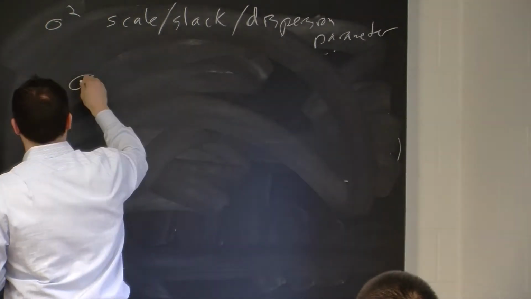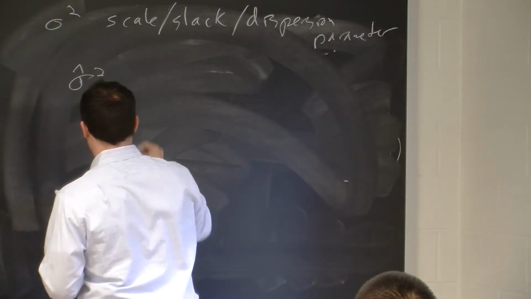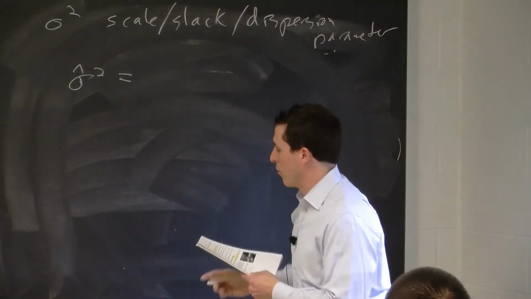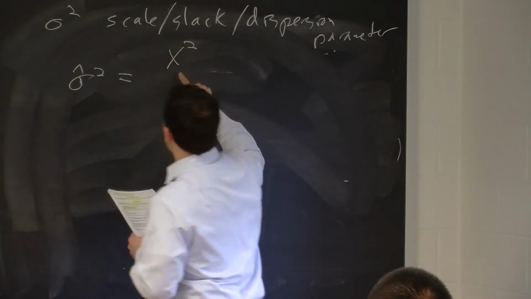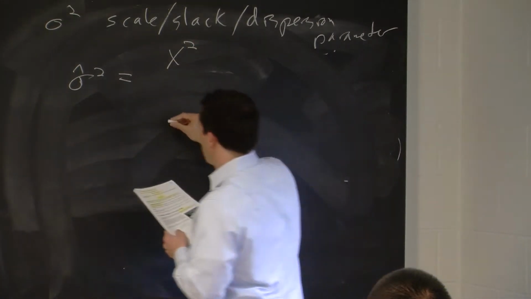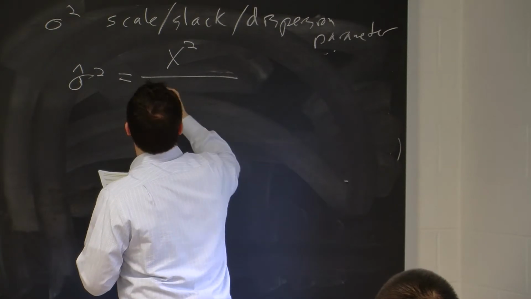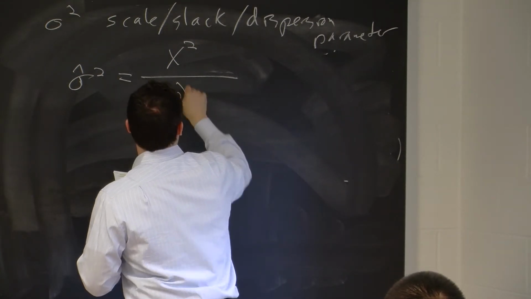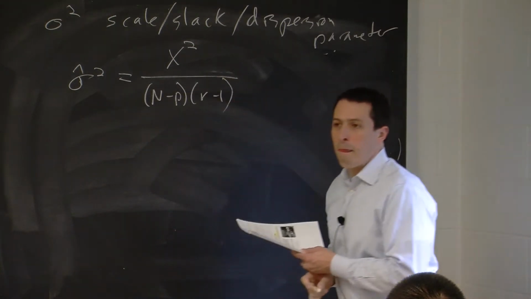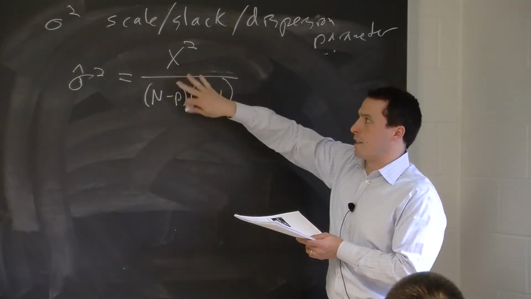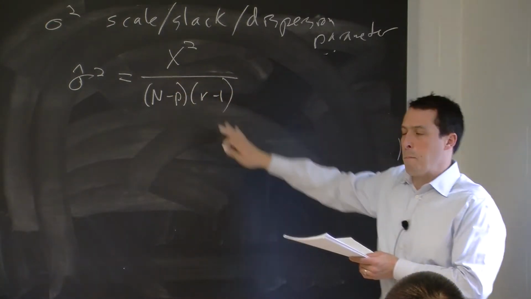And the usual estimate, or the estimate you'll get if you ask your software to do this for you, is to compute the Pearson chi-squared statistic and divide it by its expected value, which is the number of degrees of freedom of the model. This number is expected to be 1.